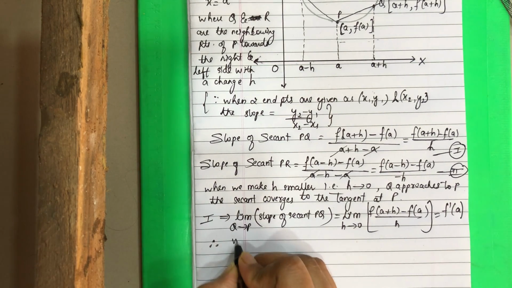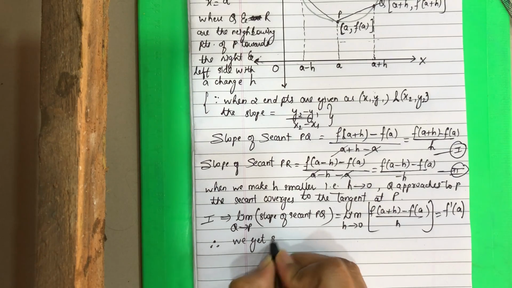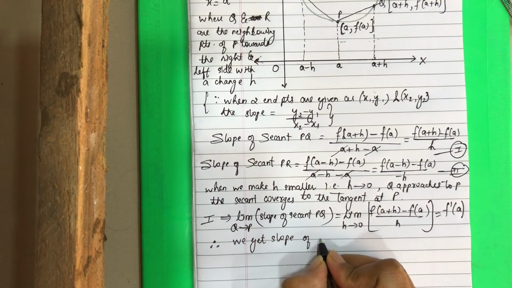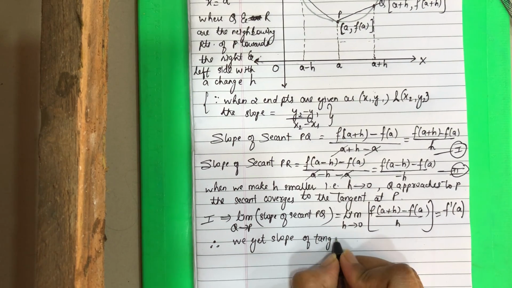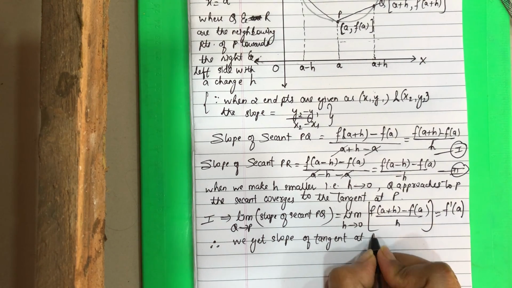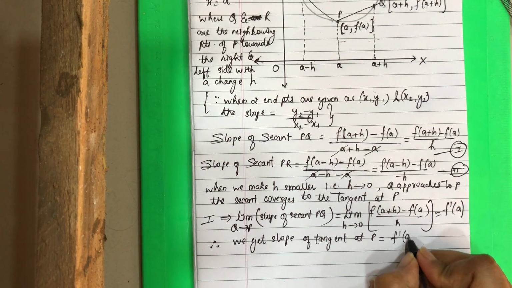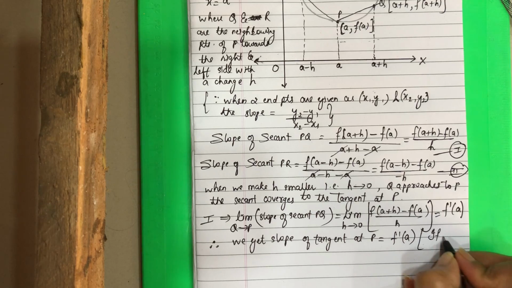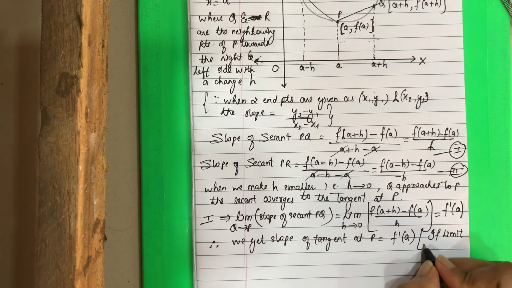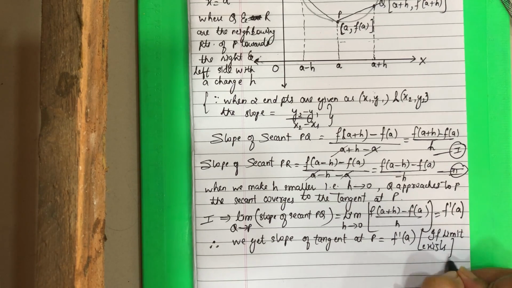Therefore we can write, we get slope of tangent at P is equal to f dash a, if the limit exists.